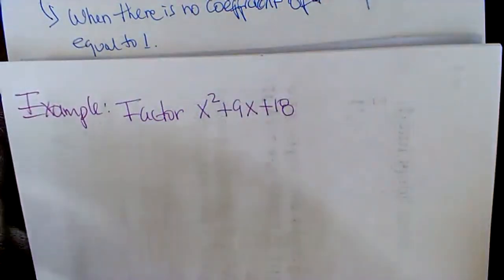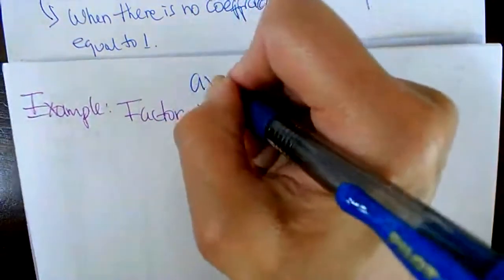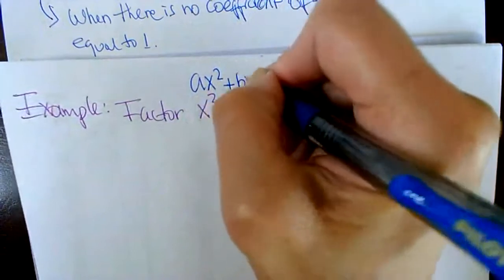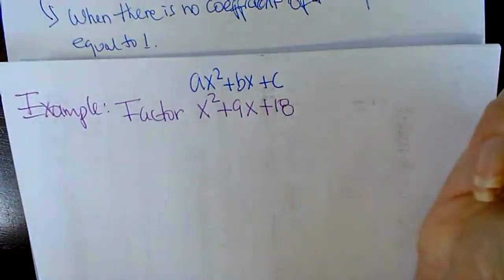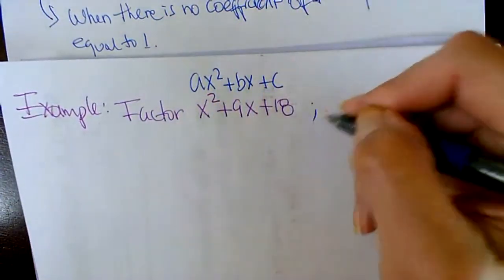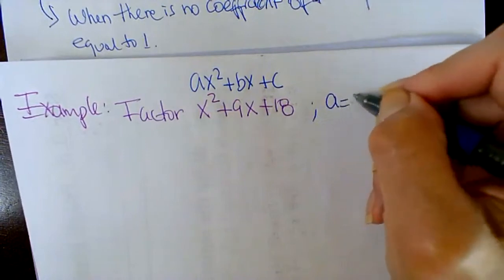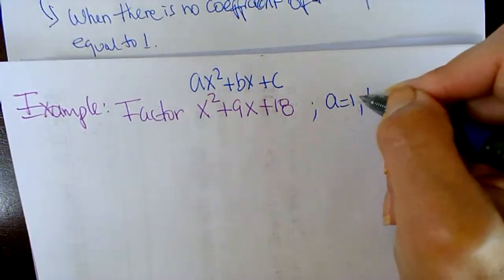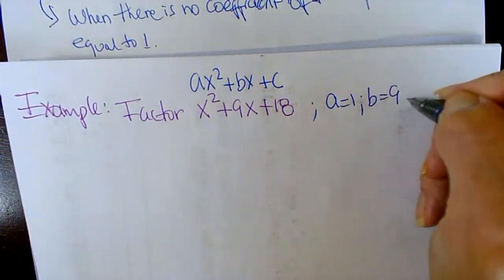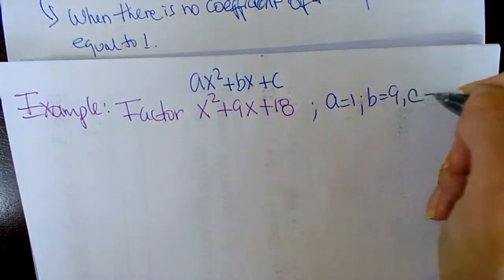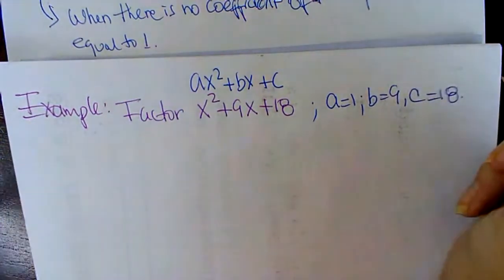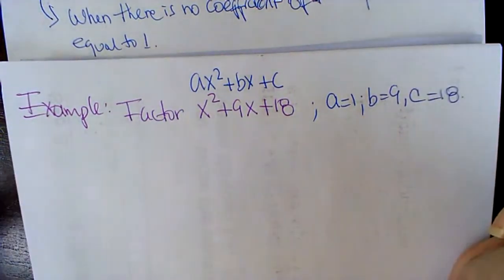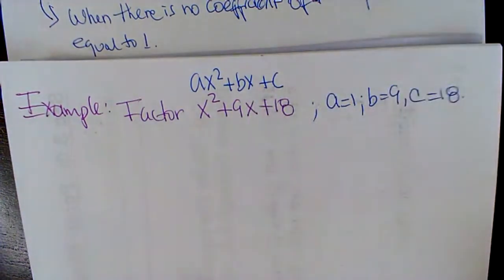And we know ax squared plus bx plus c. So a is equal to 1, b is equal to 9, and c is equal to 18. Right? The first step is to find 2 numbers.